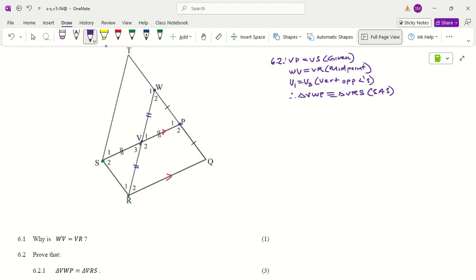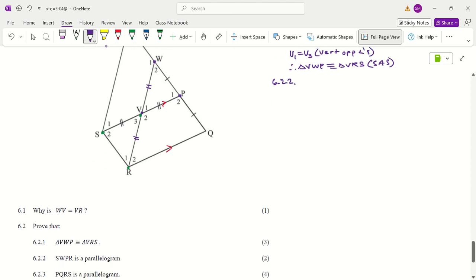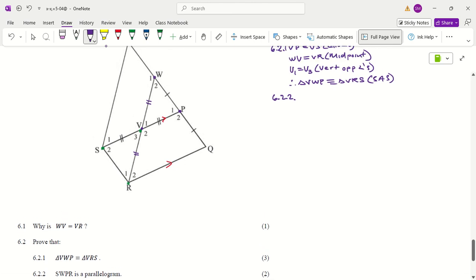The next question is 6.2.1 and 6.2.2 now. 6.2.2 is we must show that SWPR is a parallelogram.